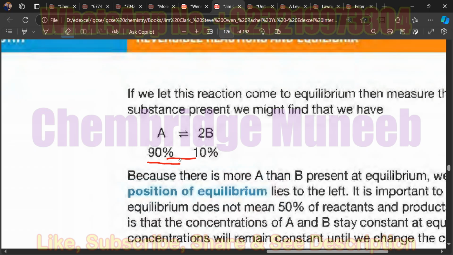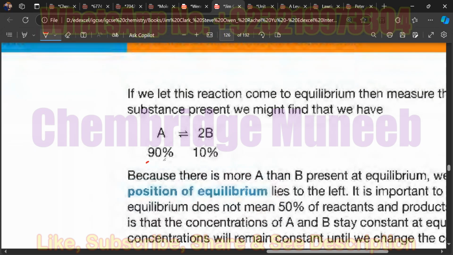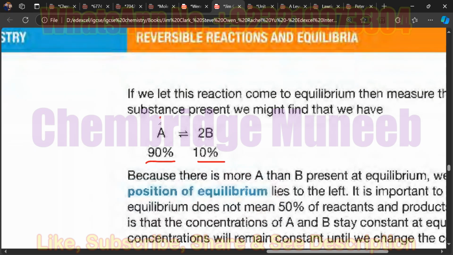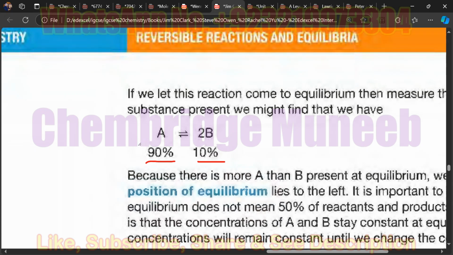Although the reaction is in equilibrium, which means both the reactants and the products are present at the same time, this can be considered a reactant if we move in the forward direction, and this will be considered a reactant if we move in the backward direction. So I cannot say reactant and product. I have to name them, because only then you will understand which substance we are referring to. Is that clear?